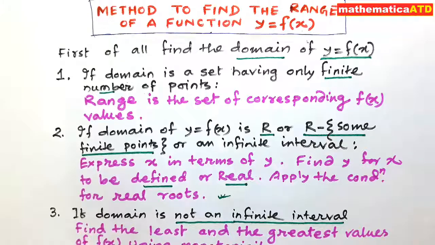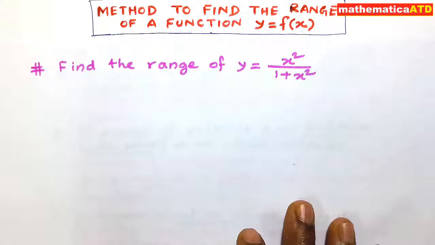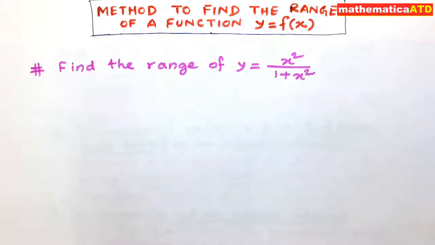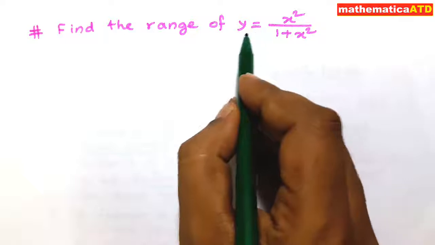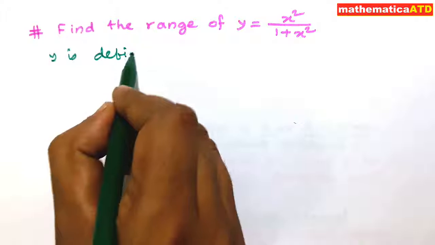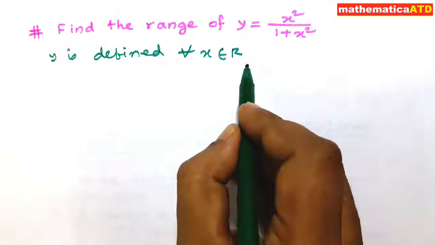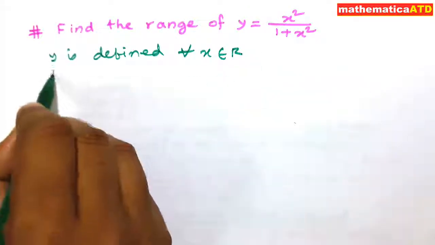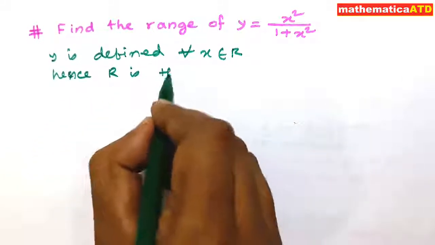First of all, we shall study the first example. Our first example is, find the range of y is equal to x square divided by 1 plus x square. Now friends, this y is defined for all x belongs to R. Hence R is the domain.